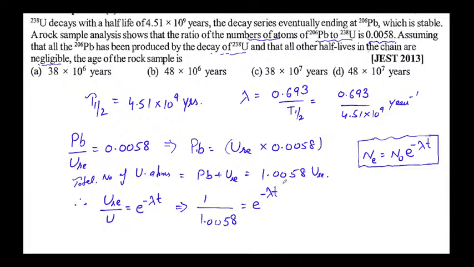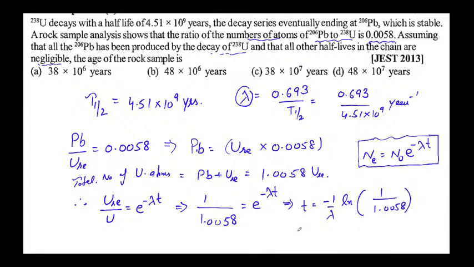So lambda we will put, which we know, and from that we can calculate the value of t, which will be equal to minus 1 over lambda log of 1 over 1.0058.